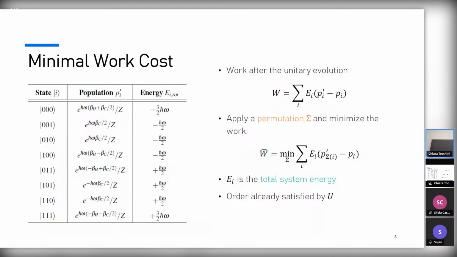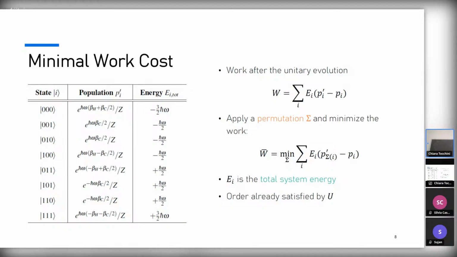We repeat the same protocol, but now we want to find the minimal cost in terms of work. So we apply again the ergotropy problem, but now we use the total system energy.